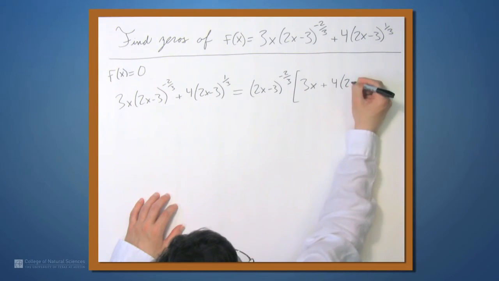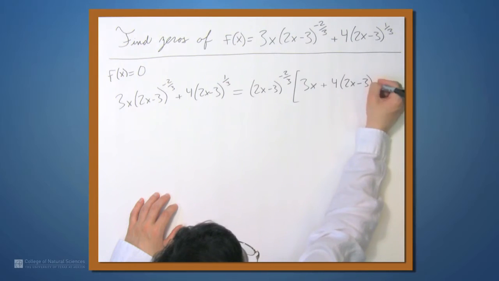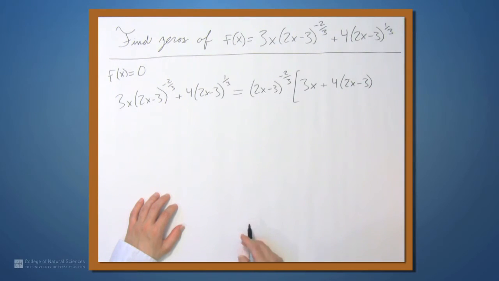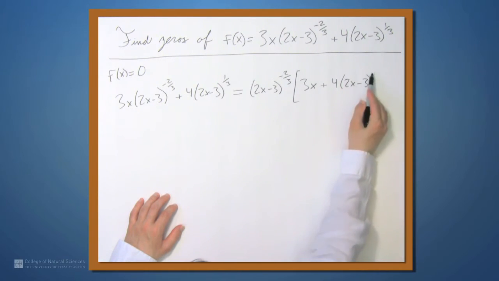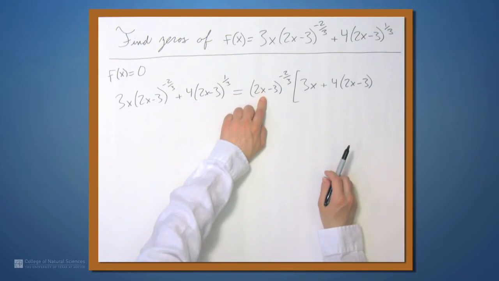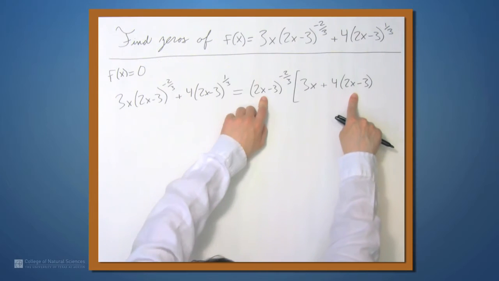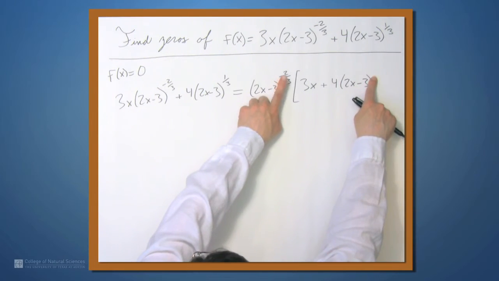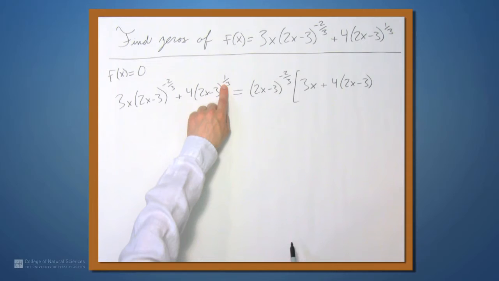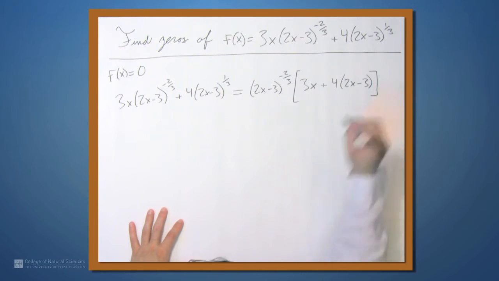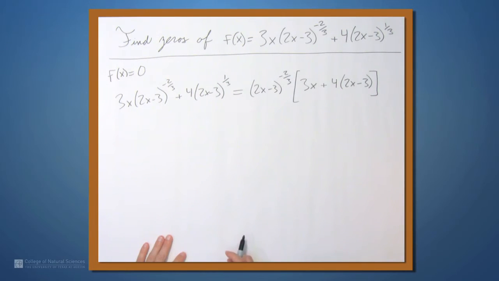And that quantity is just 2x - 3. So remember, 2x - 3 without an explicit exponent really means that there's a 1 in the exponent. And if we multiply this by this, then we add the exponents. So 1 plus negative 2/3 gives us 1/3. So these two things are equal.